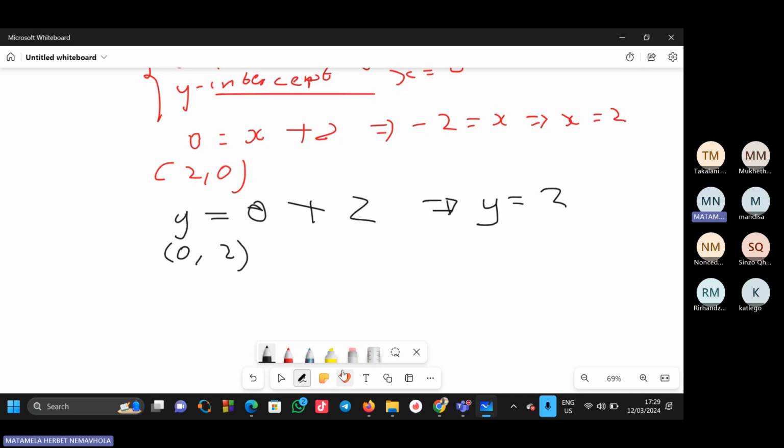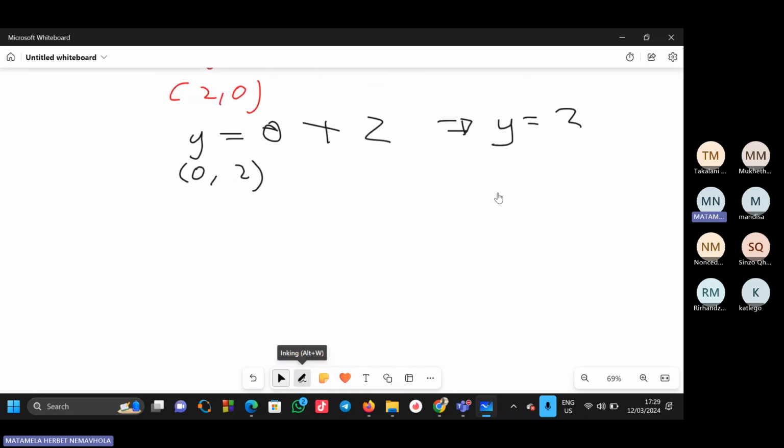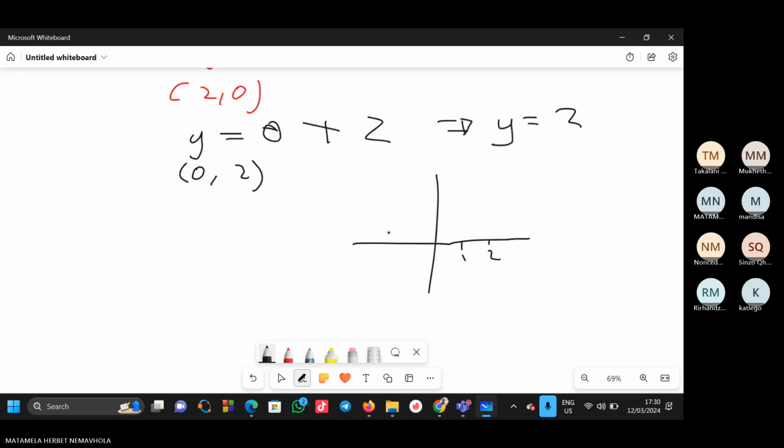If I have to plot these coordinates, I can plot them on a Cartesian plane. I will draw a short Cartesian plane here. Don't mind the straight line for now, we are not a computer. Even when you are drawing, you must be neat, but they don't really mind about perfectly straight lines.